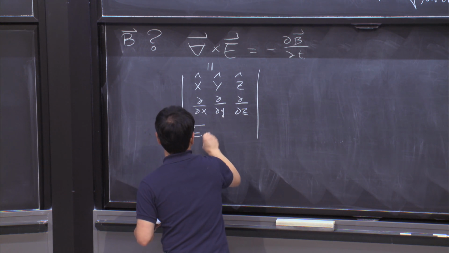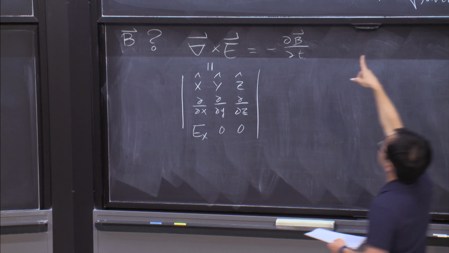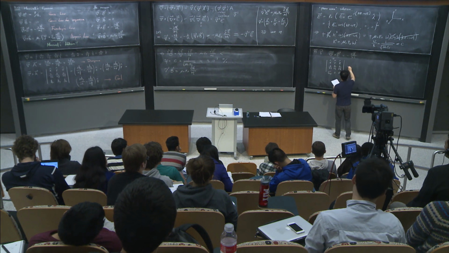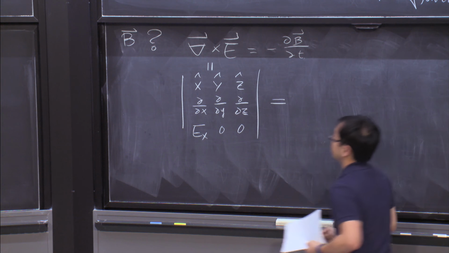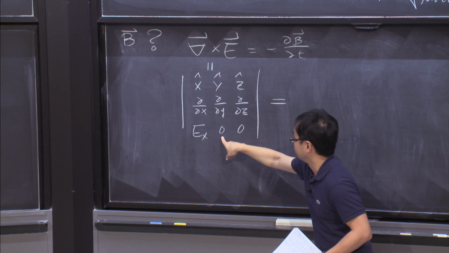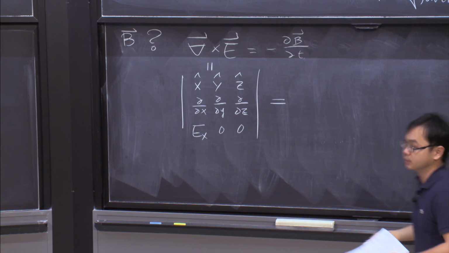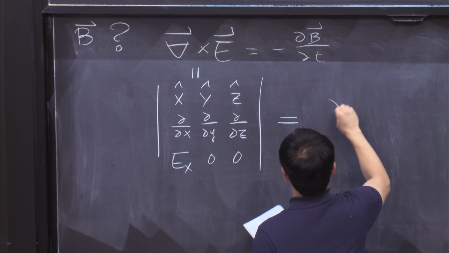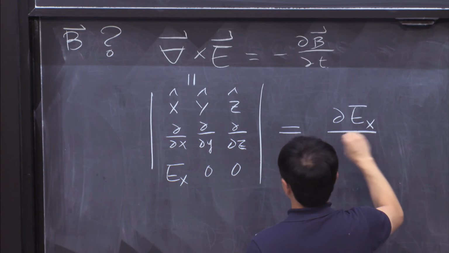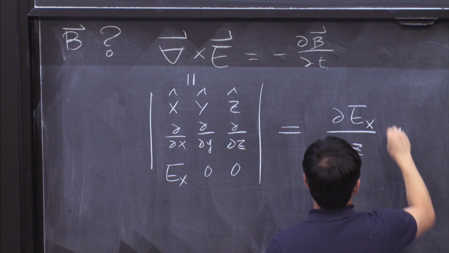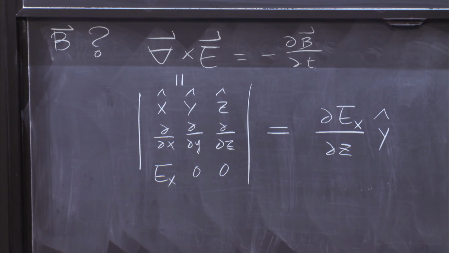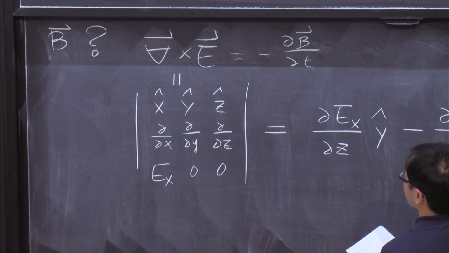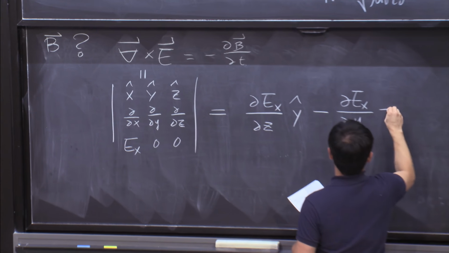Then I get Ex, 0, 0, because the electric field is only in the x direction. Only 2 terms survive, because of these 2 zeros. A lot of terms are killed, and only 2 terms are non-zero. The first term is partial Ex, partial z in the y direction. And the second term is minus partial Ex, partial y in the z direction.